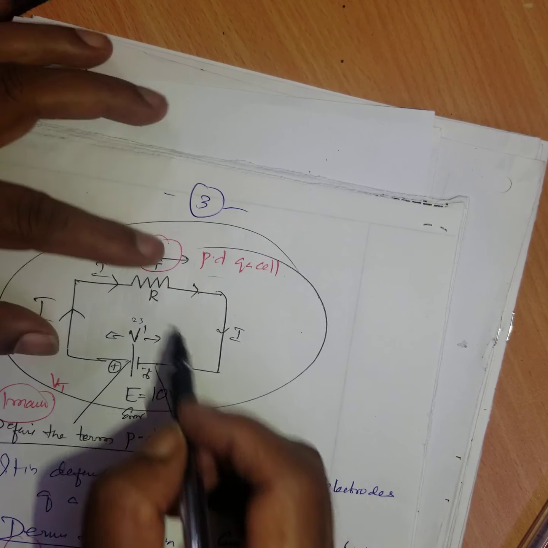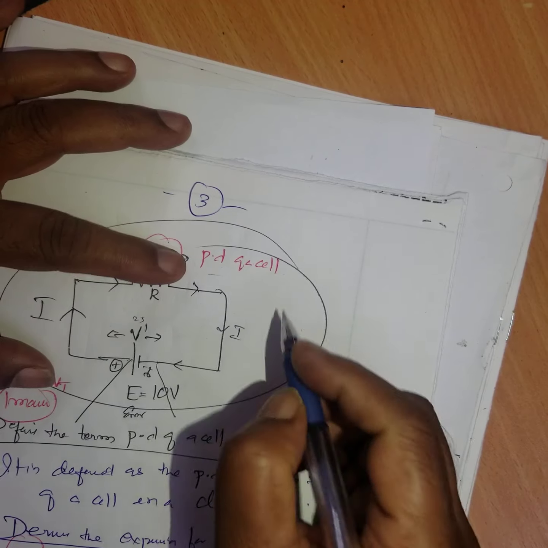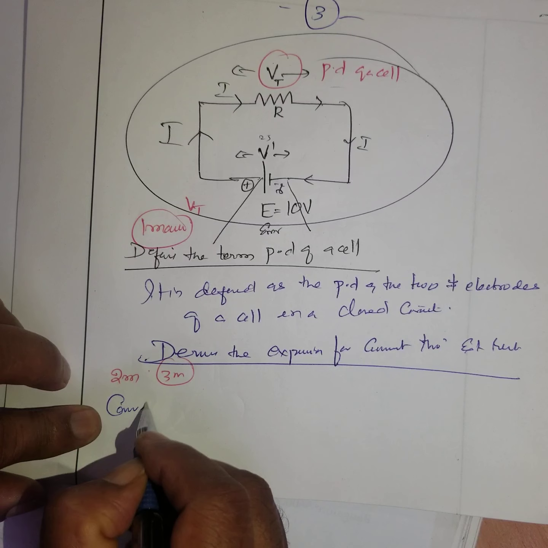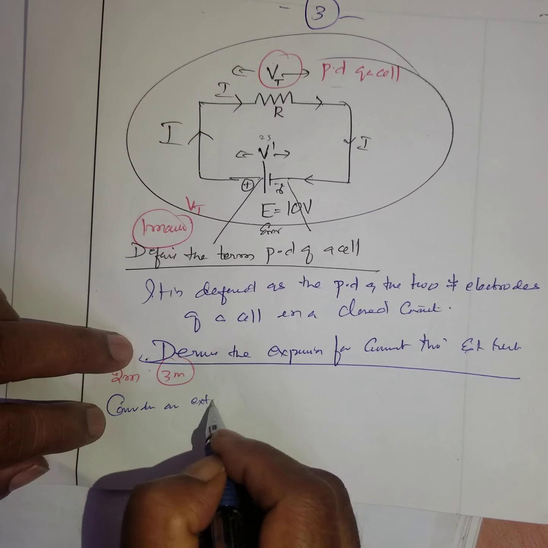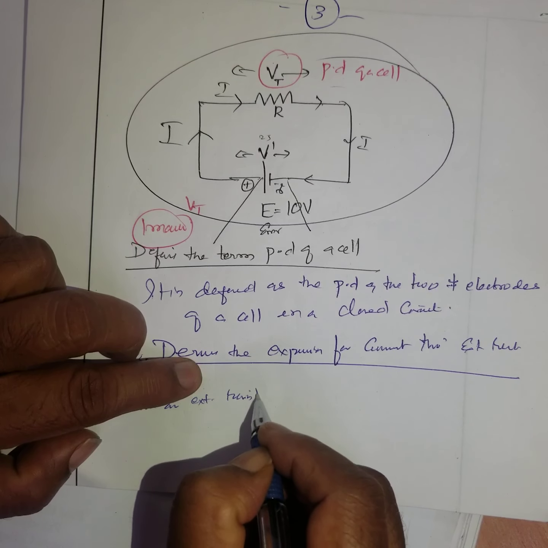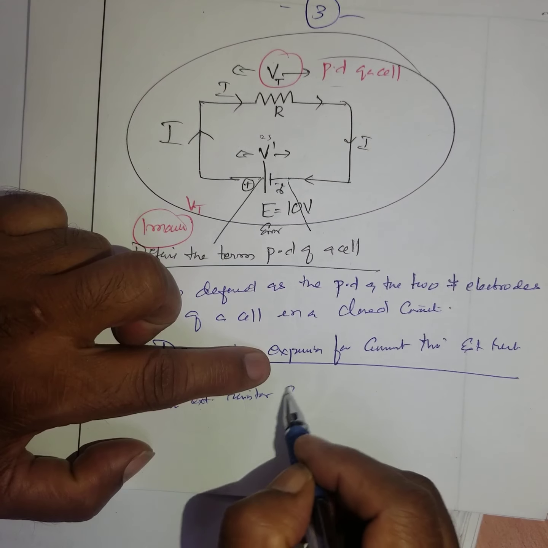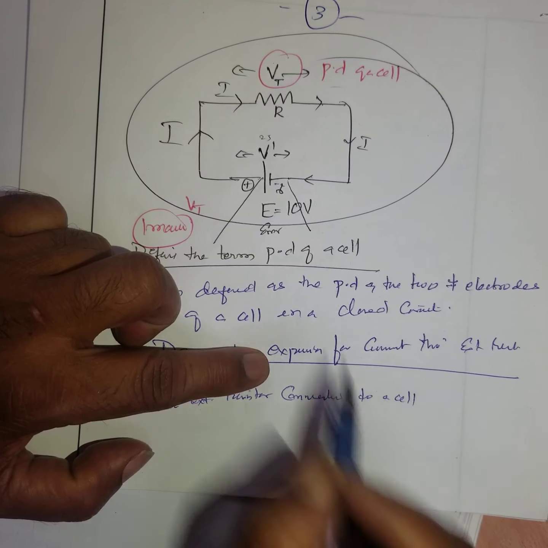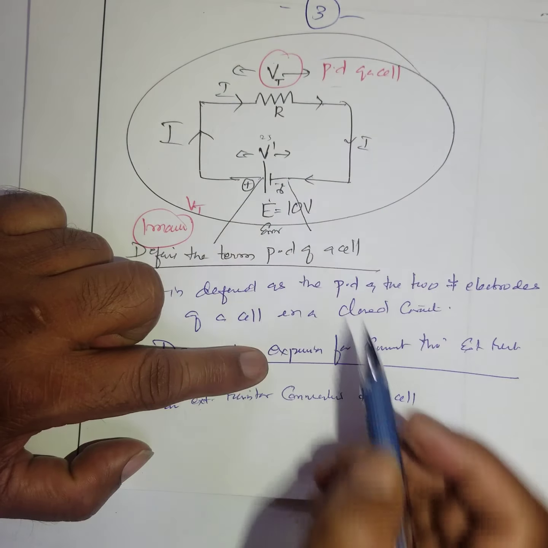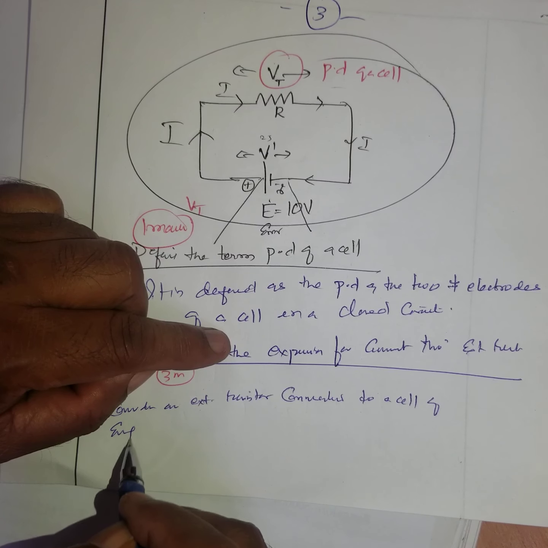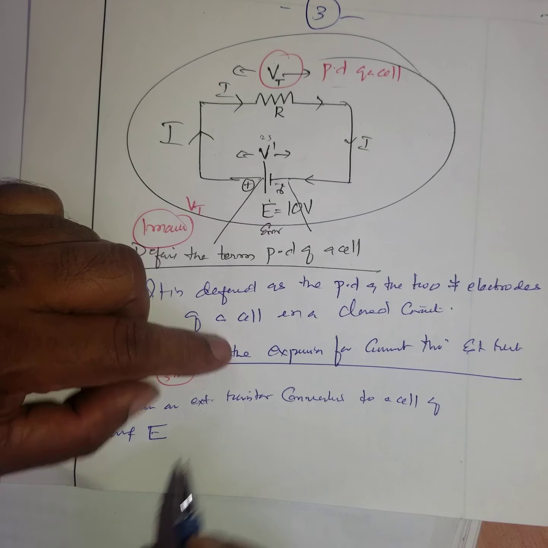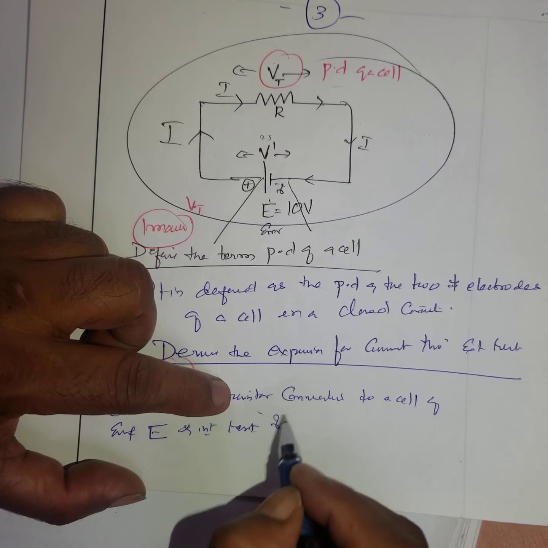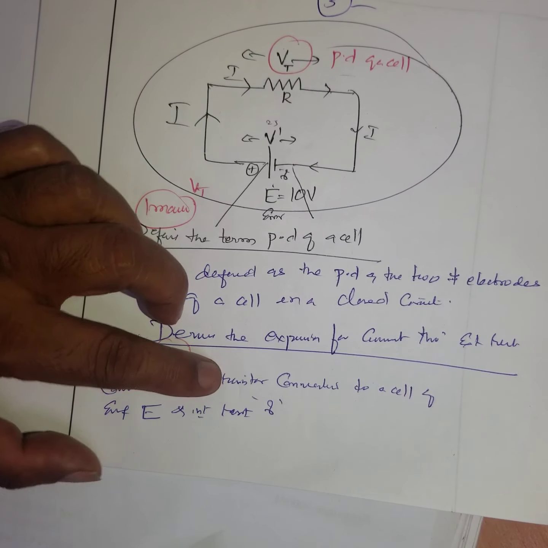Consider an external resistor connected to a cell of EMF E and internal resistance r.